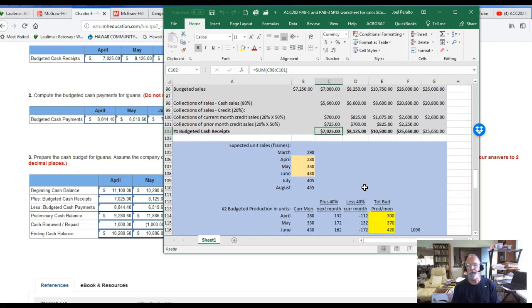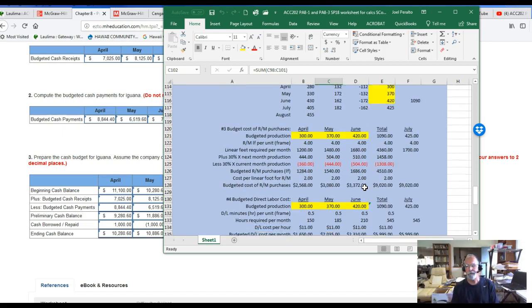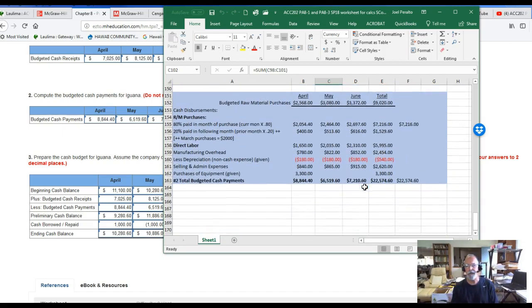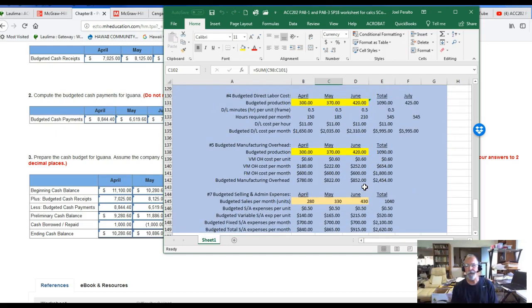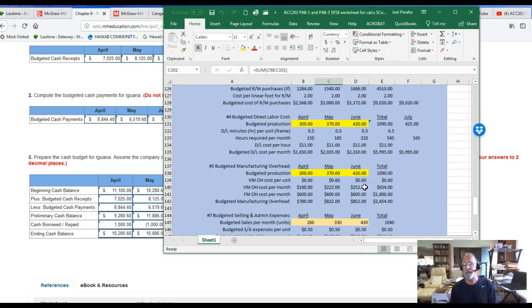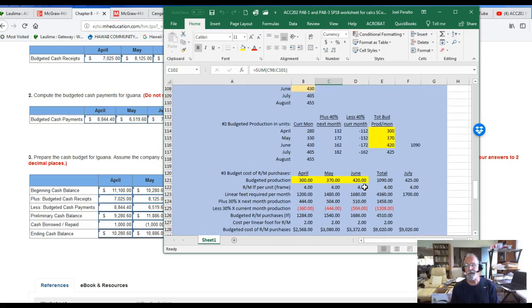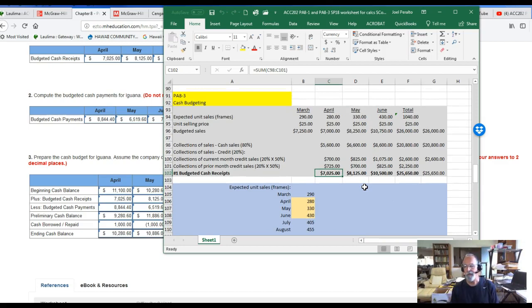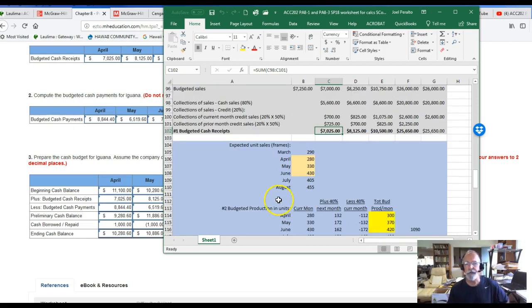And then in blue, I'm highlighting the calculations that need to be run through for the second requirement, budgeted cash payments. And as you can see, it's quite a bit more than what we did for the first requirement. So let's take a look at it.